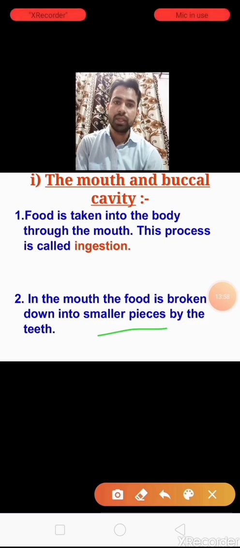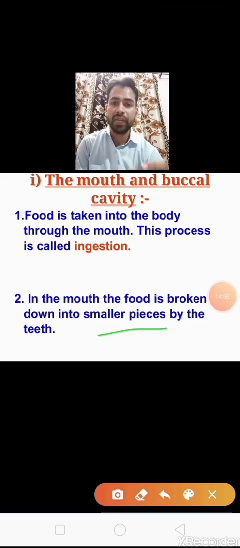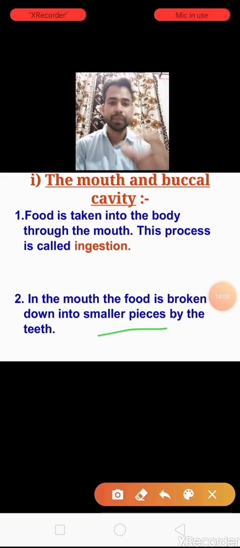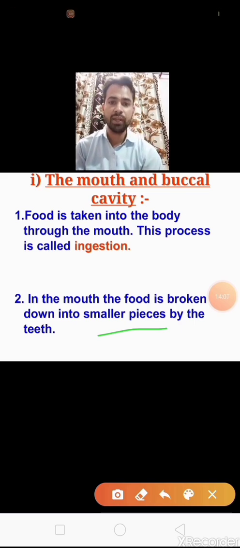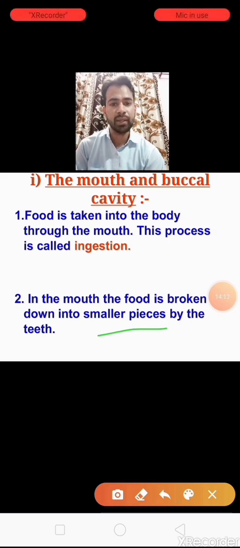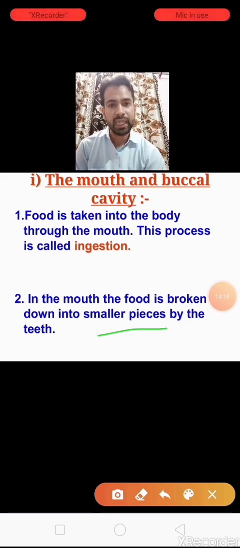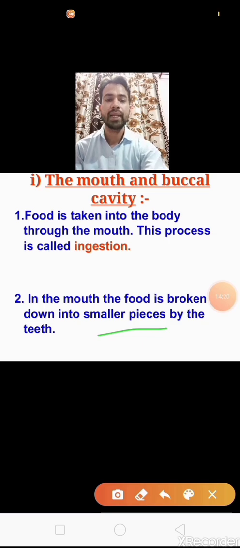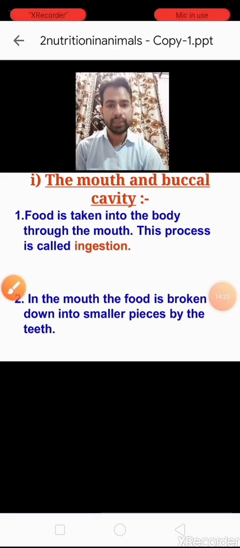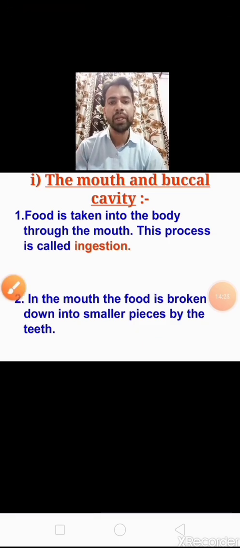Now third, the salivary glands that are found in the mouth secrete saliva, and in saliva an enzyme is there that is known as salivary amylase. This salivary amylase acts on starch and converts it into simple sugar.